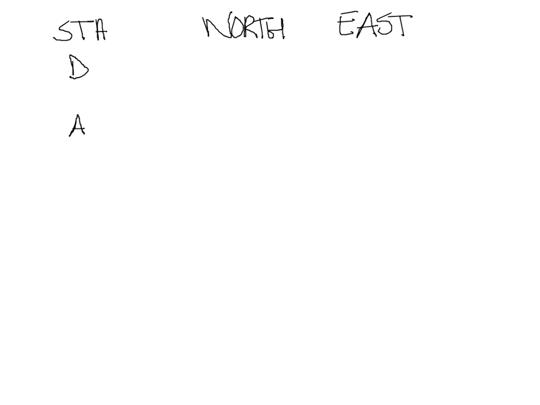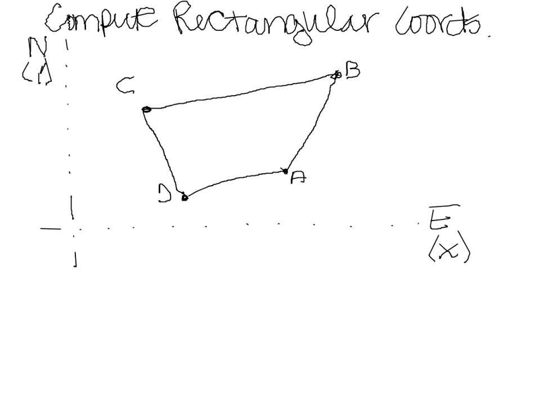So A, B, C, D. I started out with D in the bottom left corner-ish, and I assumed a coordinate of 1,000, 1,000. That will make sure that this entire figure remains in the upper quadrant and remains positive.